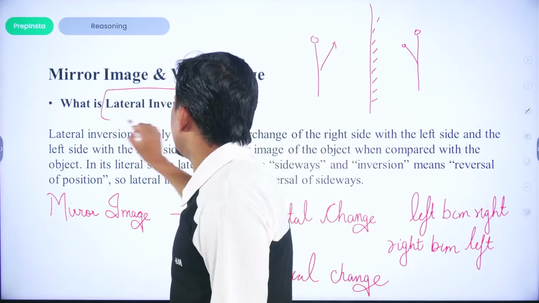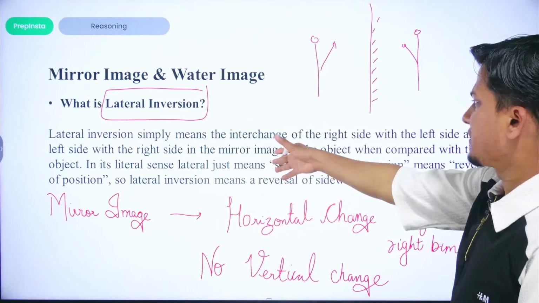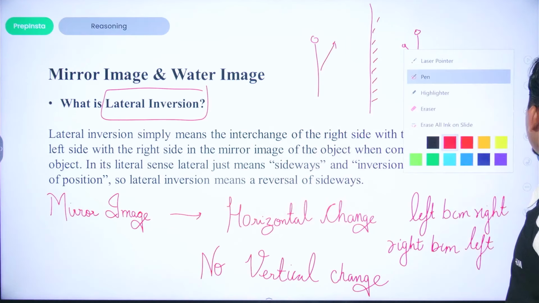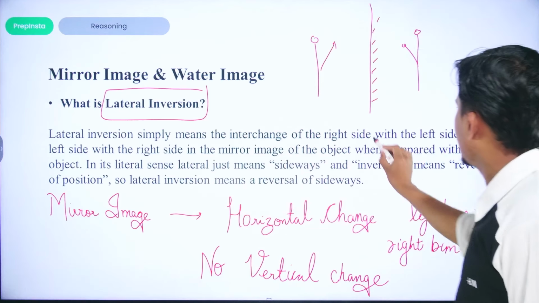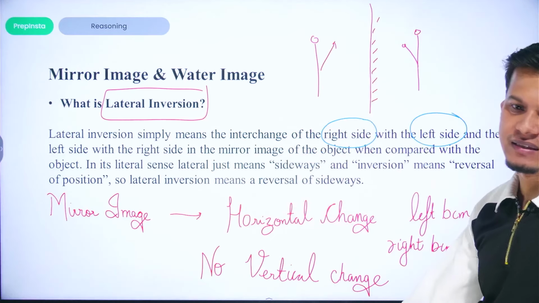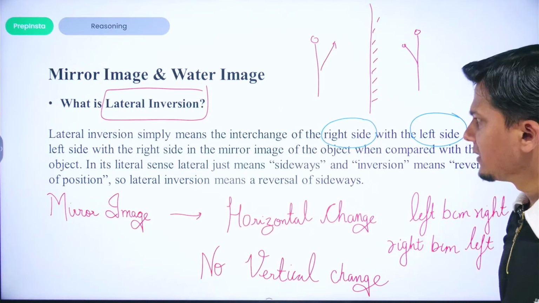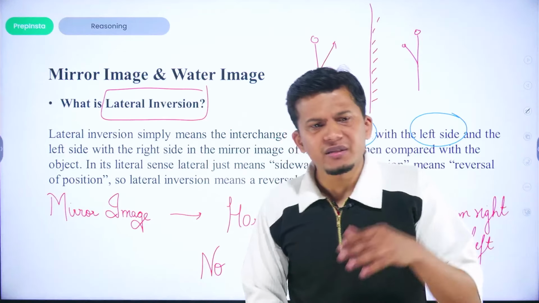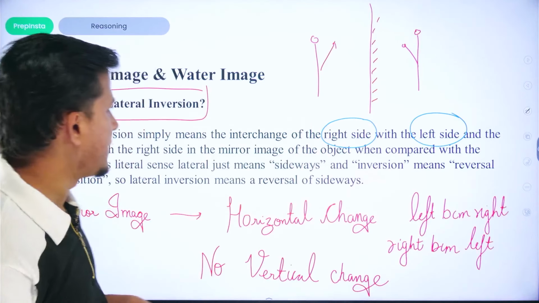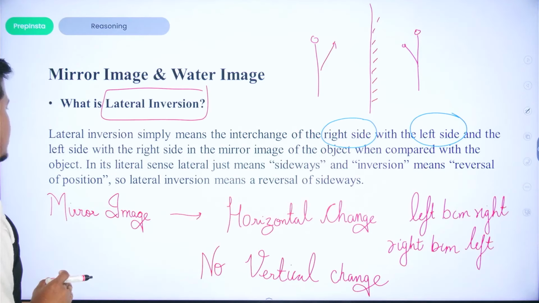So this is called lateral inversion. Lateral inversion simply means the interchange of the right side with the left side, right? That means there is no vertical change, the change is in the horizontal alignment of this particular image, right?